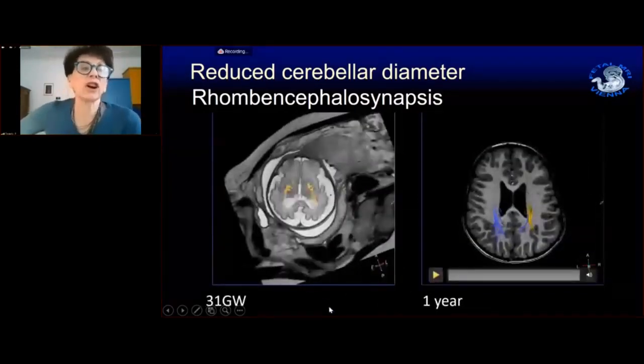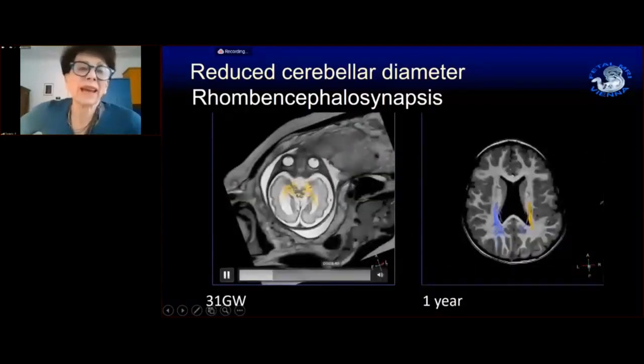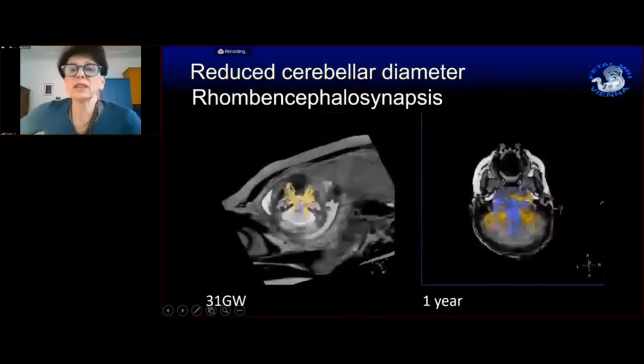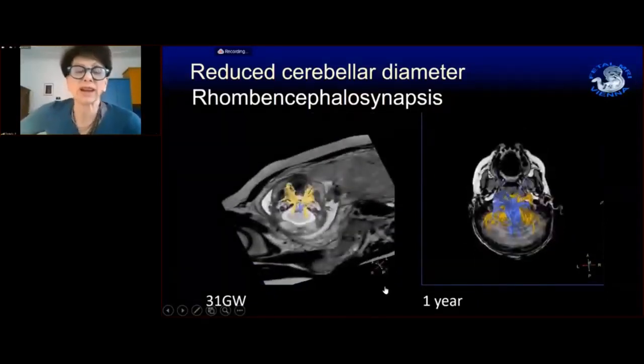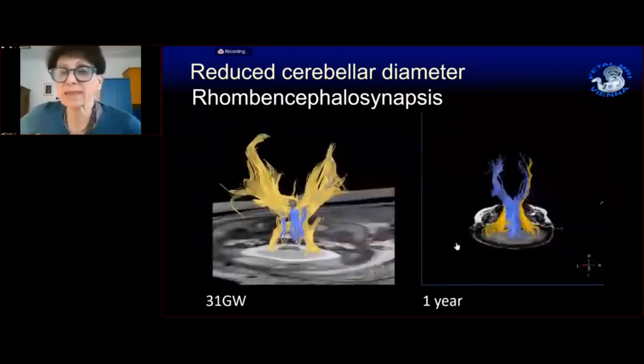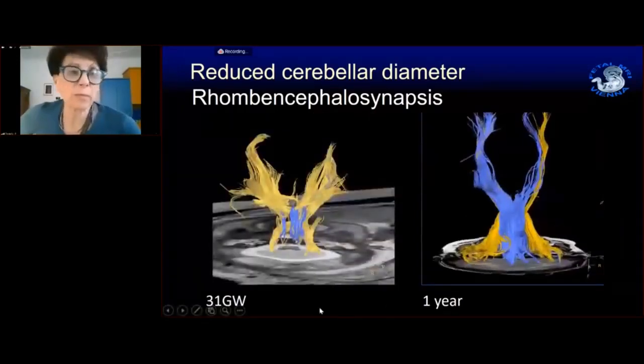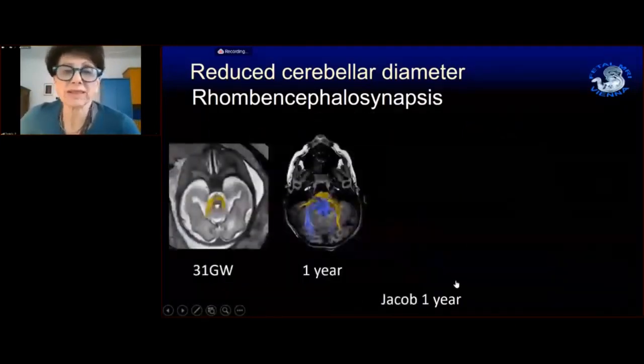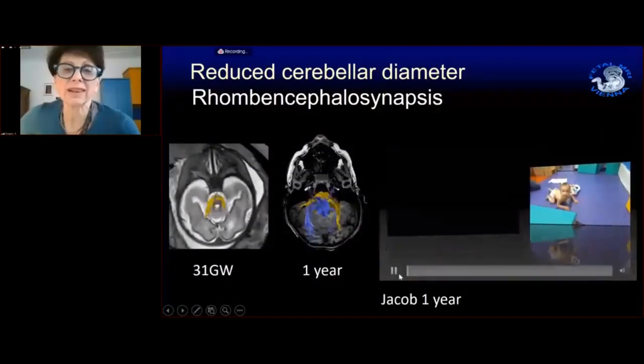And what you see here in yellow, the corticospinal tract is present here, and also some pontine tracts. Here you have the comparison 31 weeks and 1 year, and this is Jacob at 1 year, and he is rather intelligent, but motorically he is impaired.